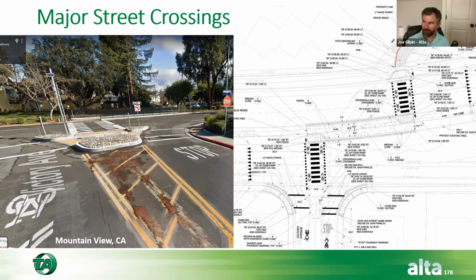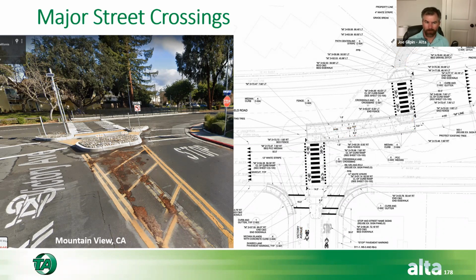And so we added a little class 1 section of trail that got you to the roadway, had a crossing, and then added a section of pedestrian cut through in the median, and then brought you to a little right in, right out island that you could then filter back into the street. This is a really cool project, and it has rapid flashing beacons on each leg independently. You can see those right here. These are solar. So a lot of creativity gets brought into these projects, really fun.